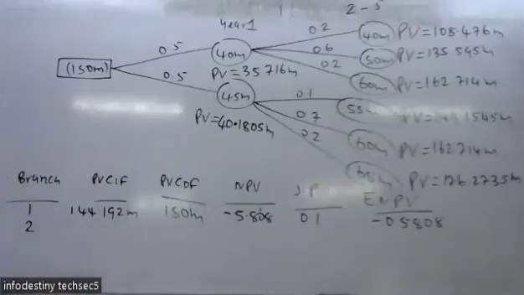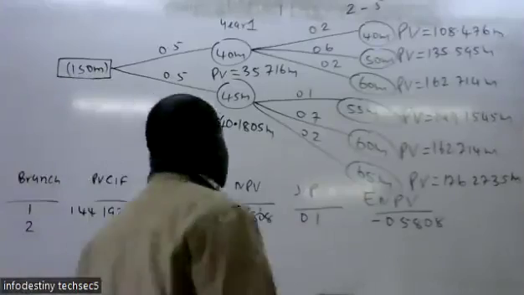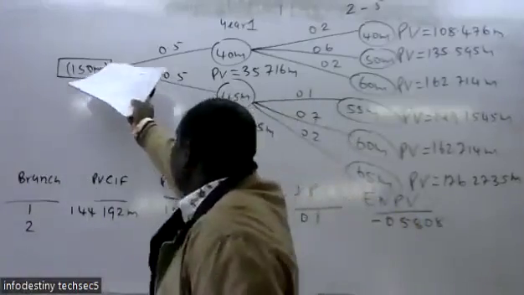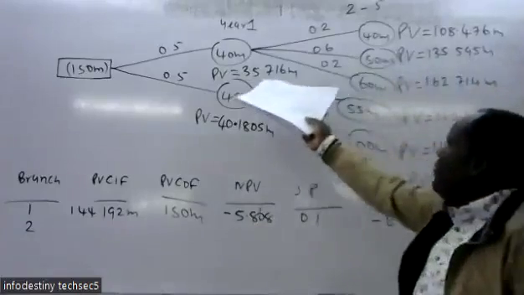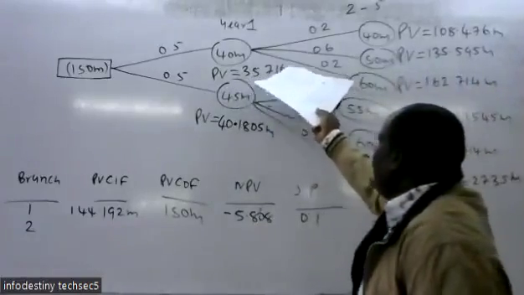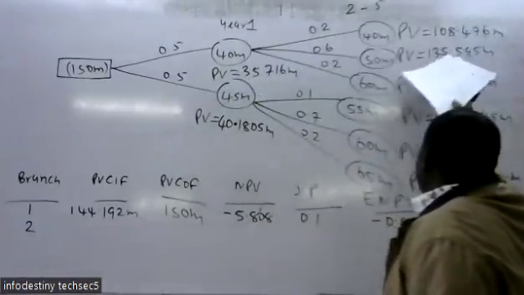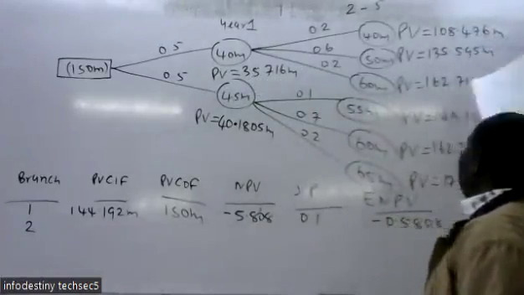So branch 2, you will still be using this one because branch 2 will be moving along that, whereby you take 35.716 plus 135.595.